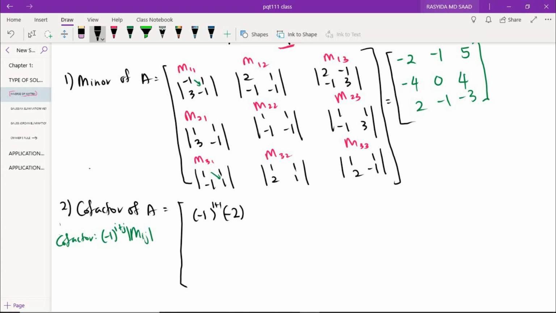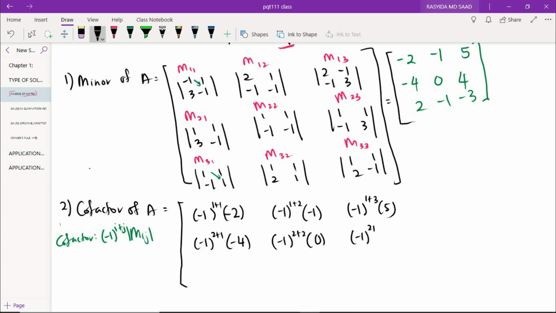And then we have negative 1 to the power of 1 plus 2 times negative 1, negative 1 to the power of 1 plus 3 times 5, negative 1 to the power of 2 plus 1 times 4, negative 1 to the power of 2 plus 2 times 0, negative 1 to the power of 2 plus 3 times 4, negative 1 to the power of 3 plus 1 times 2, negative 1 to the power of 3 plus 2 times negative 1, negative 1 to the power of 3 plus 3 times negative 3.